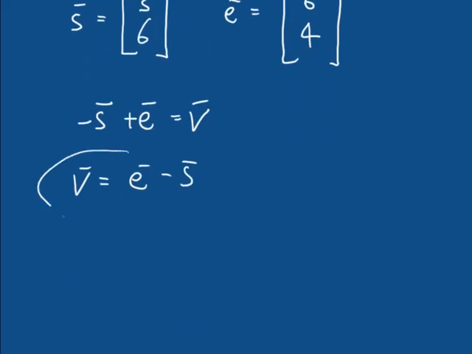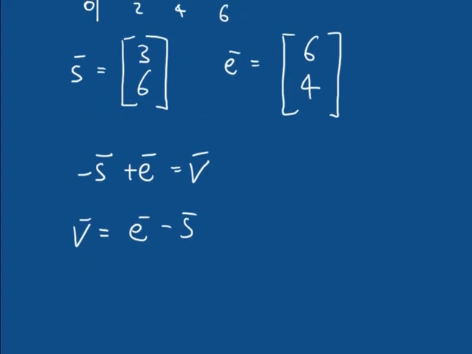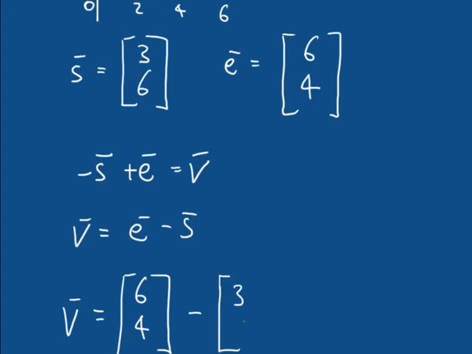When we write this in terms of position vectors, our vector v is equal to the endpoint minus the start point. So now we have this simply in terms of a vector equation, and we know our 2 vectors, so we know that v is equal to 6, 4 minus 3, 6.